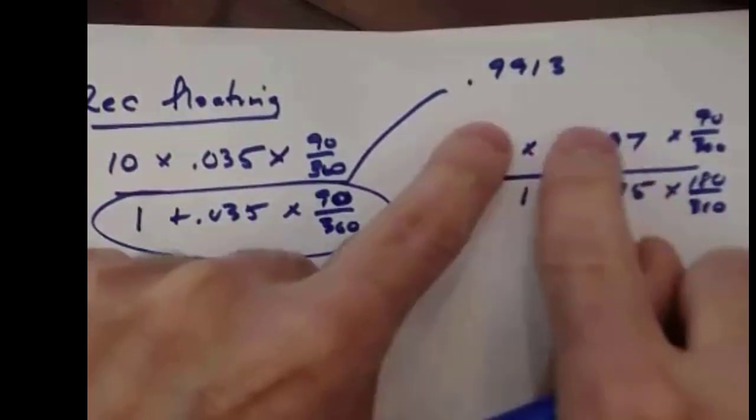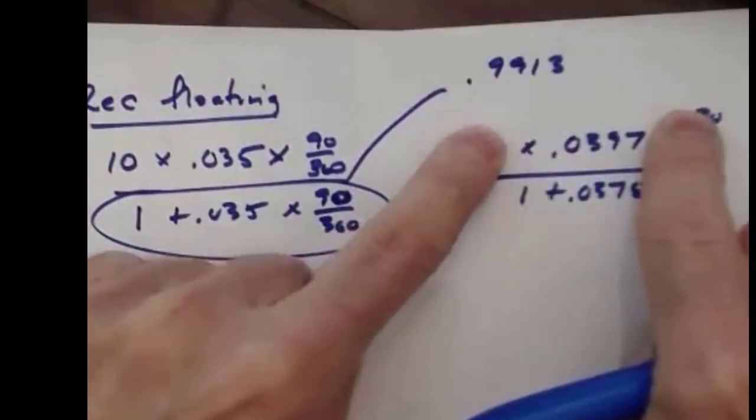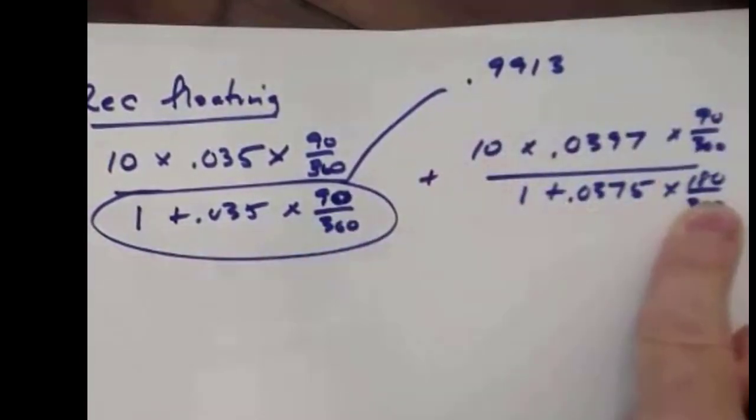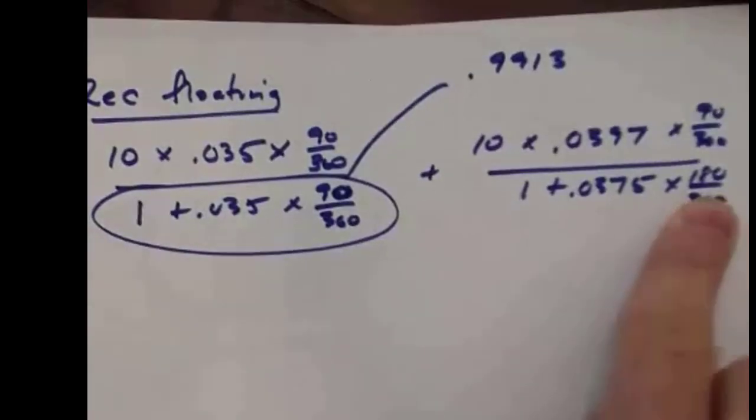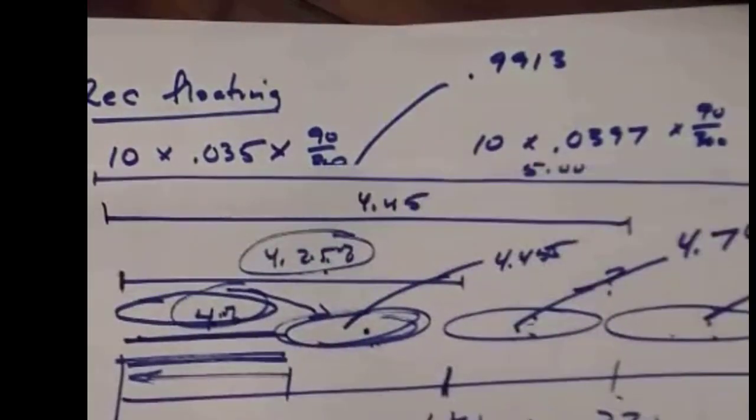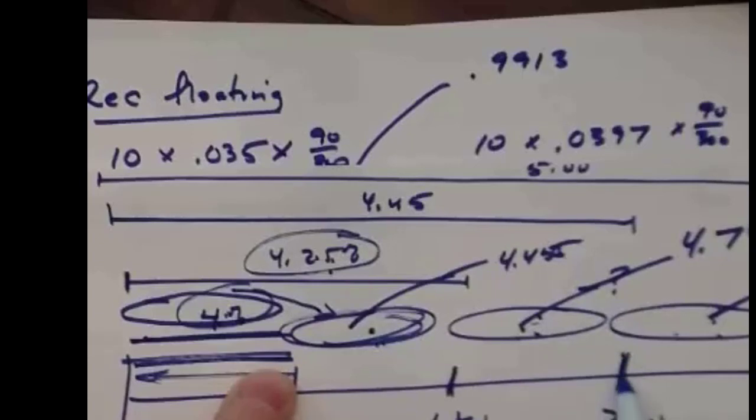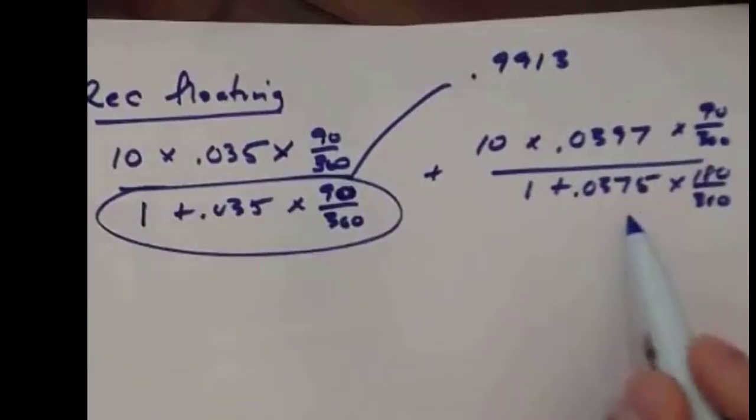This is a period that covers 90 days, but we have to discount it 180 days. We need to discount this quarter's cash flow all the way back 180 days, and that's what's going on here.